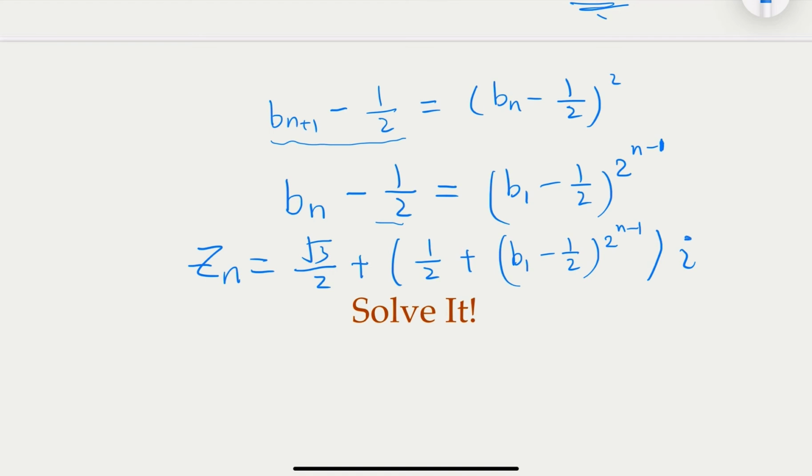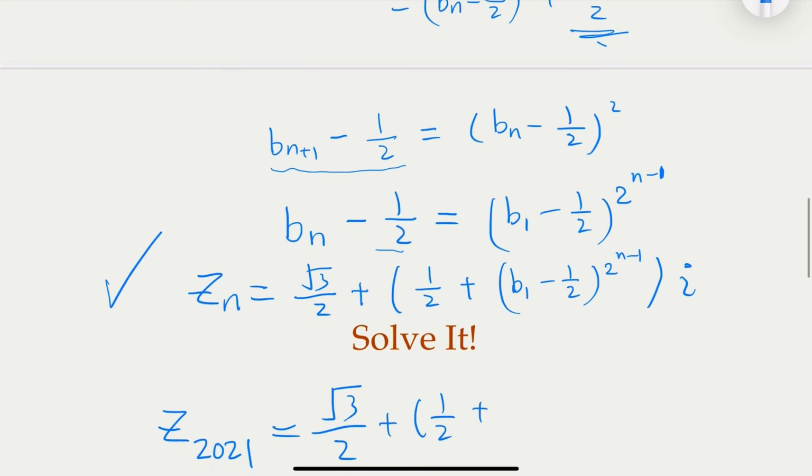That's the solution. And so we need to find z 2021 here. You plug it in, you get square root of 3 over 2 plus 1/2 plus b1 minus 1/2, and b1 is actually 0 because b1 is a real number, its imaginary part is 0.